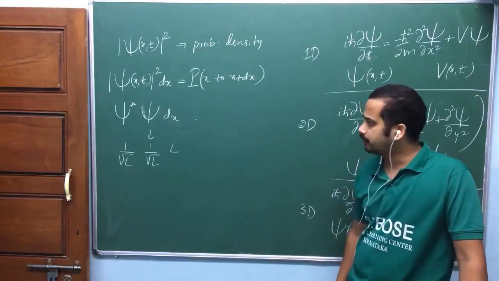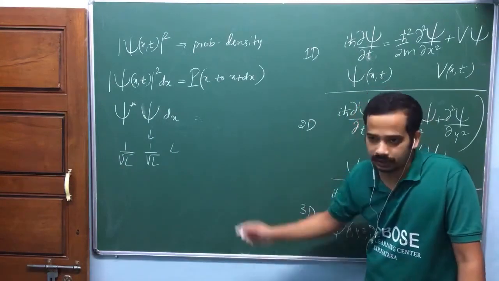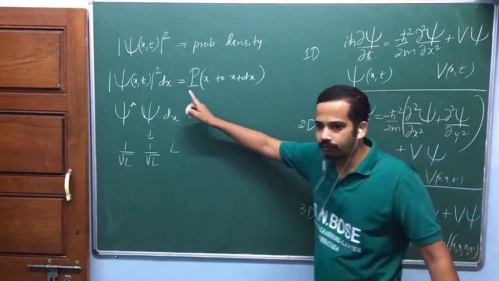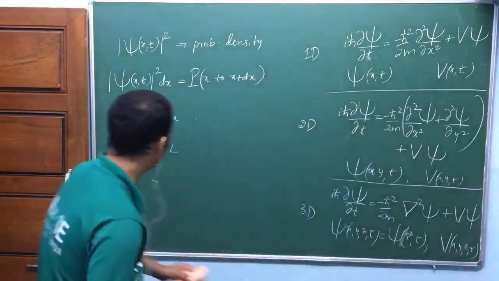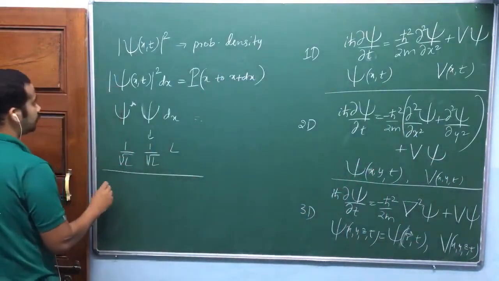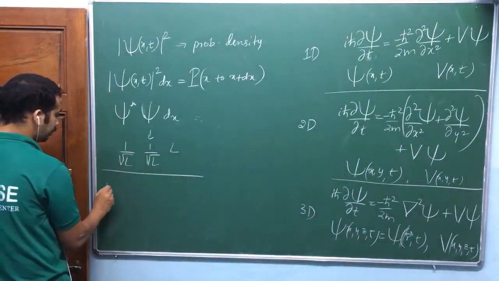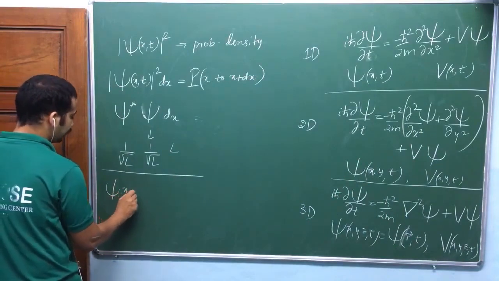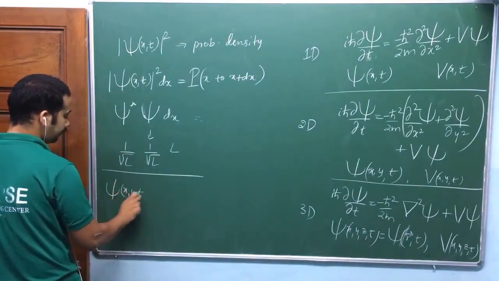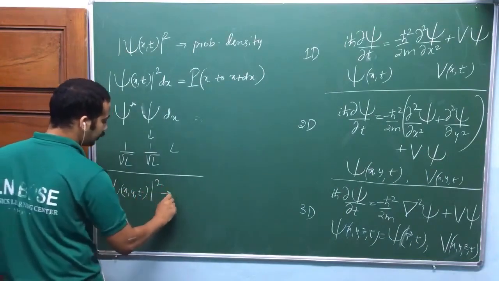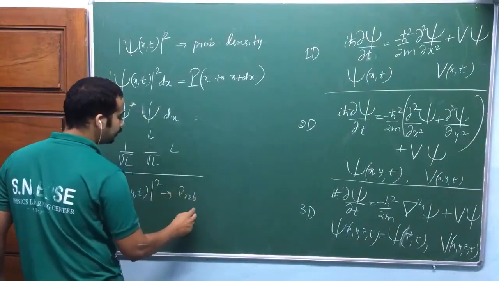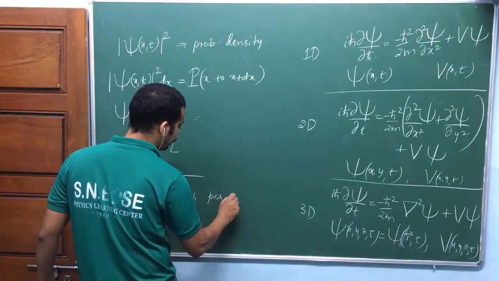Sometimes if anyone asks very quickly, you should better go for this one so that you can quickly say. So in case of 2 dimension, can you quickly do the same thing? Look here. In case of 2 dimension, if this is the wave function psi of x, y, t, then mod psi square is the probability density, probability per unit area.